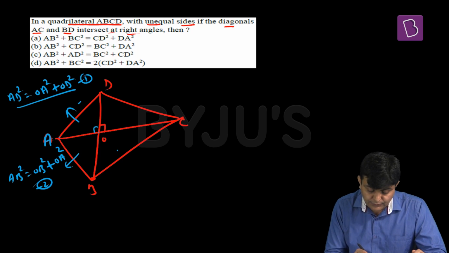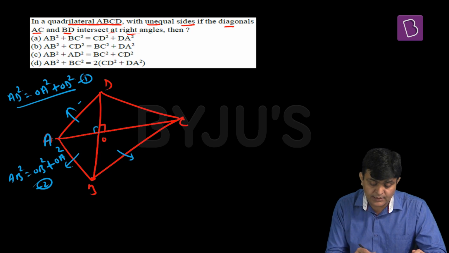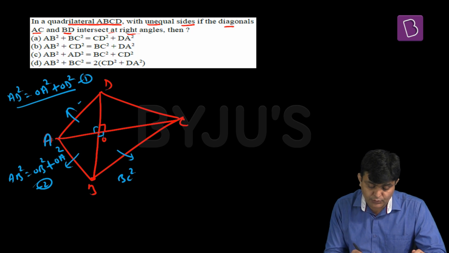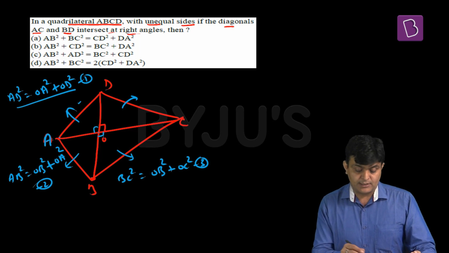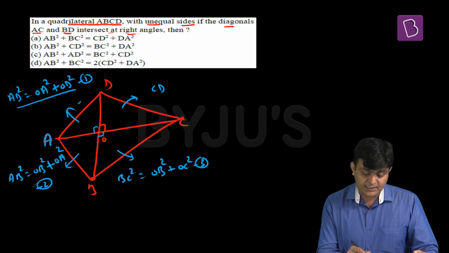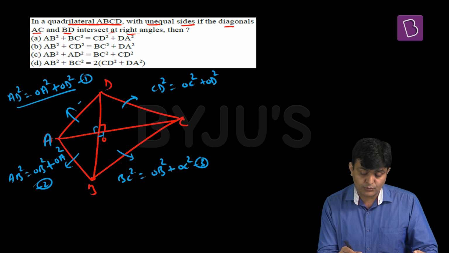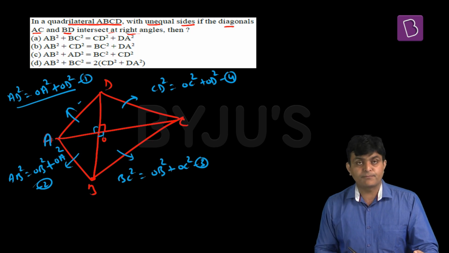Then from this triangle BOC, again it is 90 at O, so BC square is equal to OB square plus OC square, number 3. And lastly from the last triangle DOC, CD square is equal to OC square plus OD square, number 4.